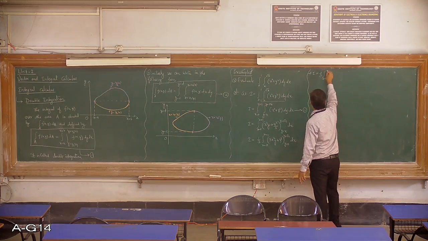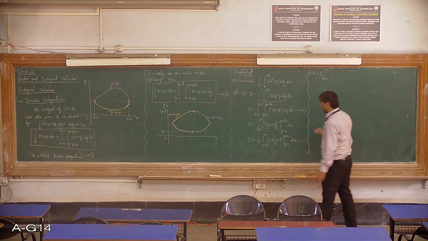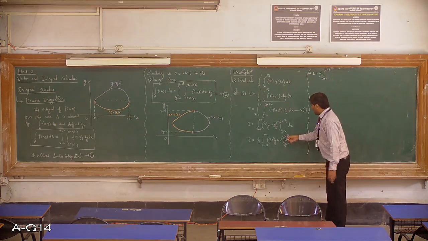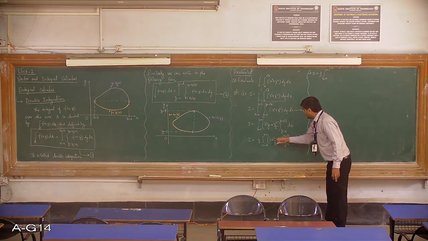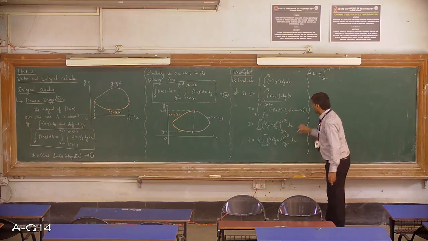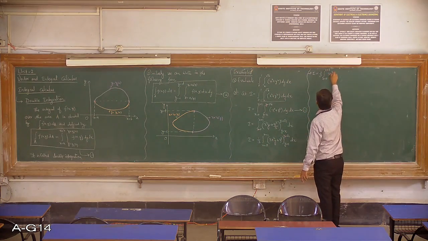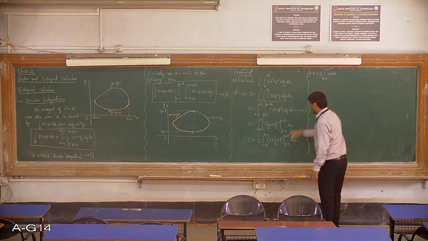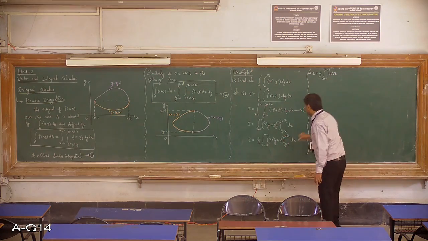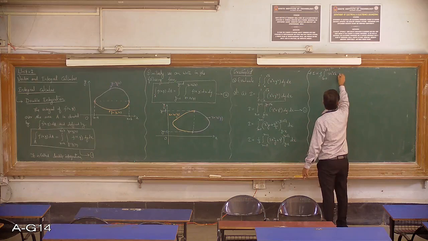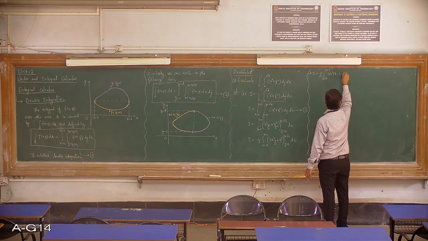x equals 0 to x equals 1. Now put the upper limit, that means wherever y is there you have to write y equals root x. Then you will get 3x square root x, and here y is root x, plus root x cube.